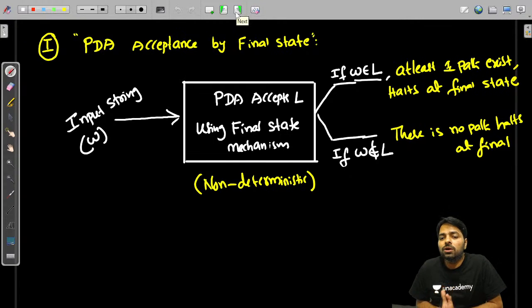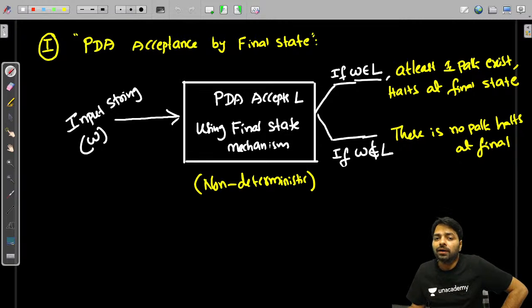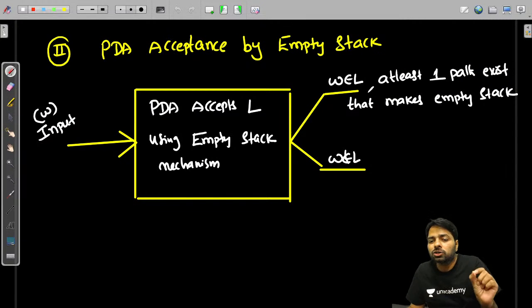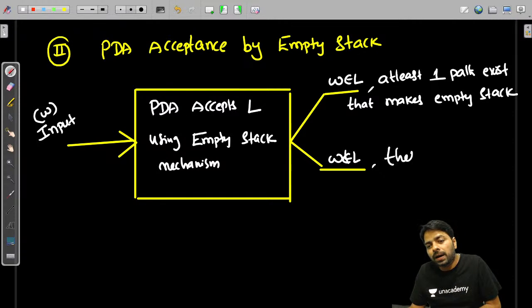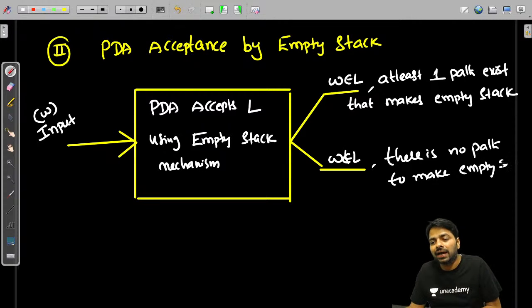So I will only look at what happens at the end of the input, not in the middle of the input. Remember that. Okay, next one, not belonging to L, and I don't have even a single path that can make the stack empty. There is no path to make the stack empty. Then only will I decide that the string is invalid.